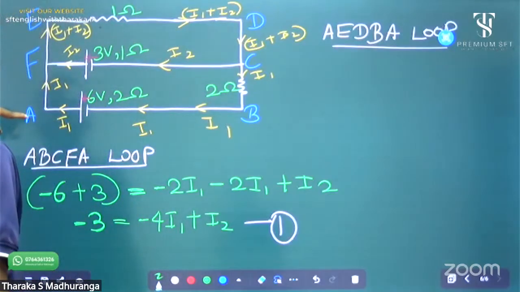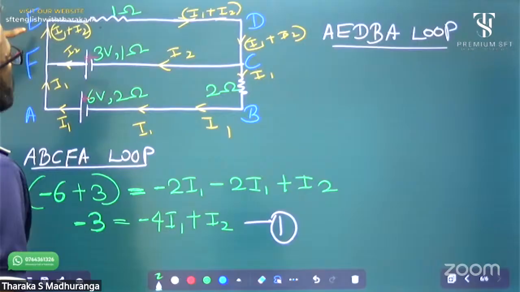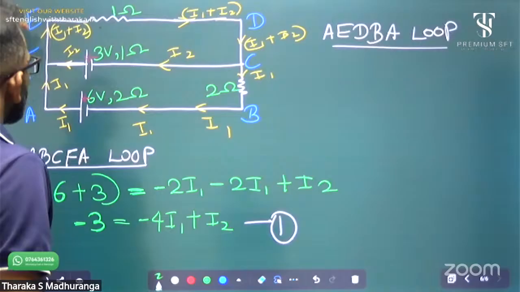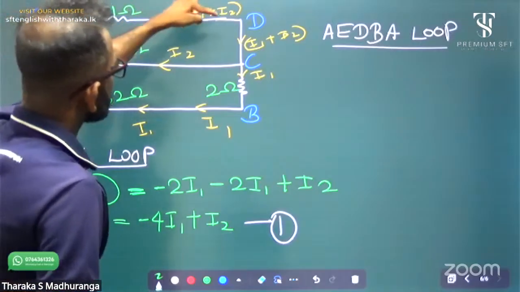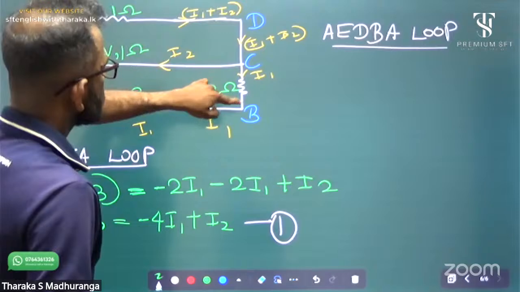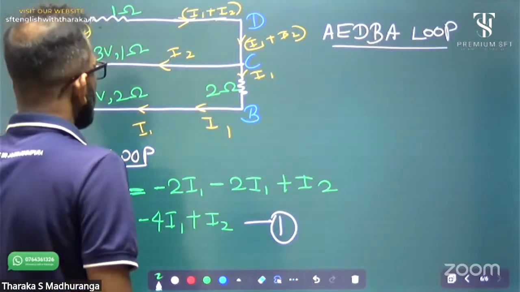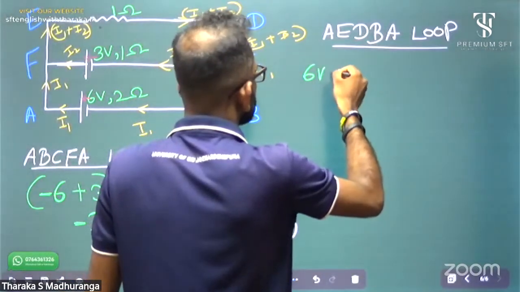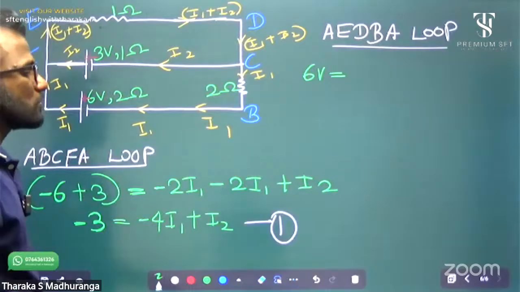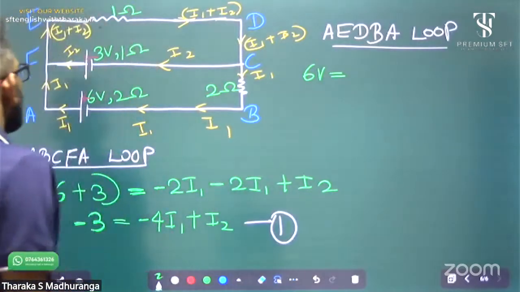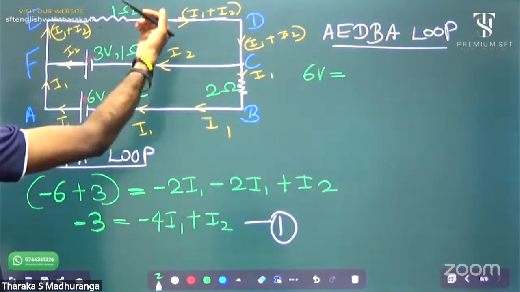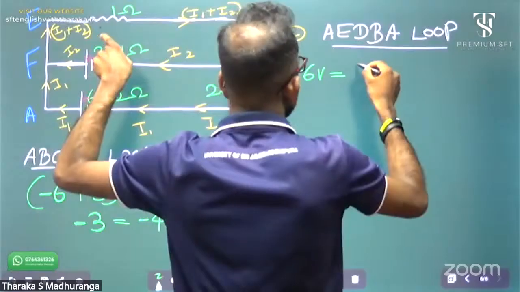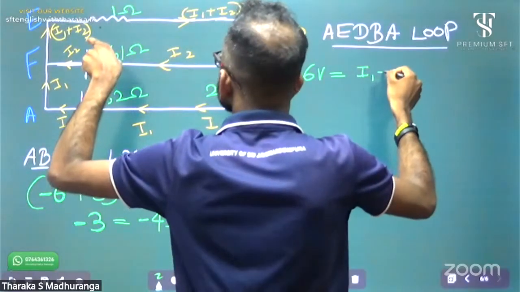I'm going to start at A. First of all, I'm looking at the batteries. No battery, no battery. It has only one battery, and my direction and electromotive force direction are the same, so it is 6 volt. Now starting again from A to E, no resistance. There is a 1 ohm resistance, therefore I1 plus I2.